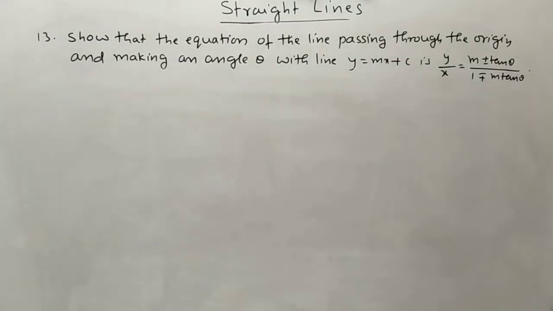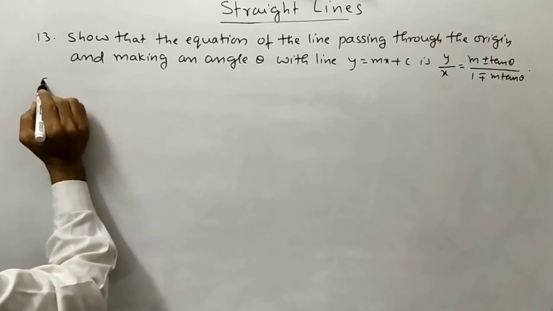Next question, important question. Show that the equation of the line passing through the origin and making an angle theta with the line y is equal to mx plus c is y by x is equal to m plus tan theta divided by 1 minus m tan theta. Solution.